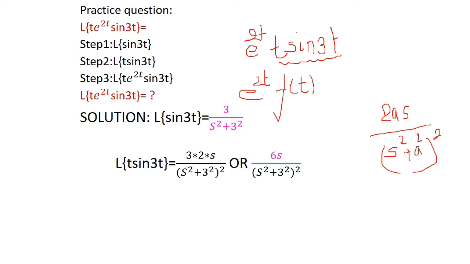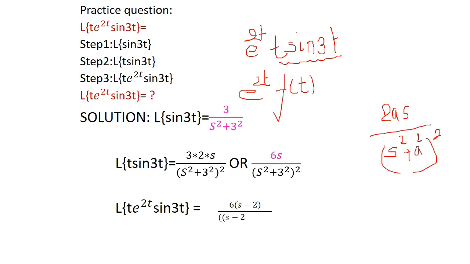Now coming back to our original question, t e to the power 2t sin 3t, here we use the first shifting property. According to the first shifting property, f dash s is replaced by f dash s minus a, meaning in place of s we have to put s minus a, and here the value of a is 2.